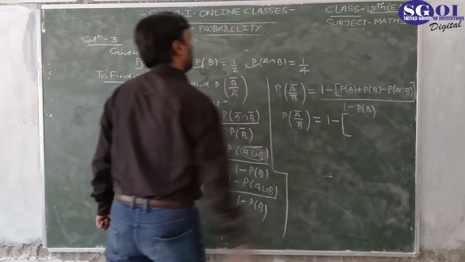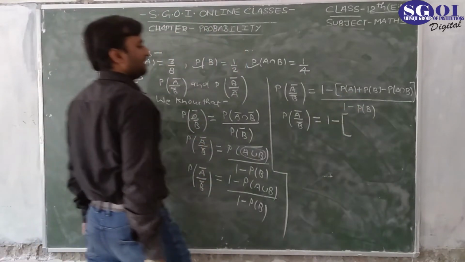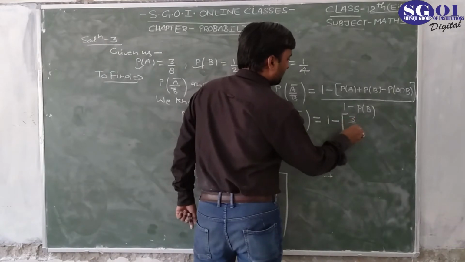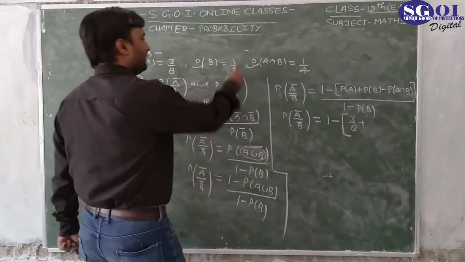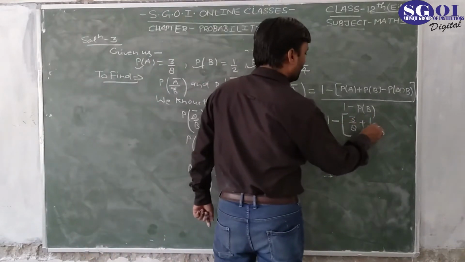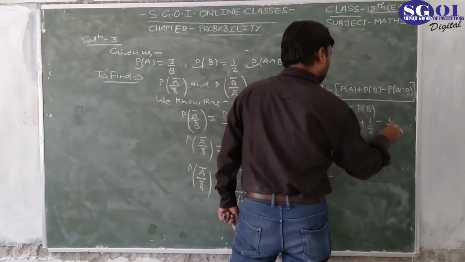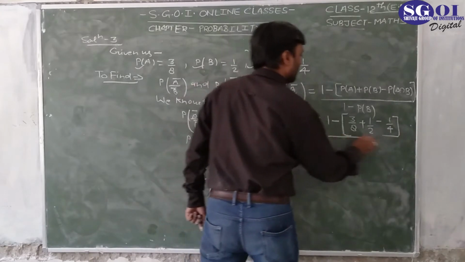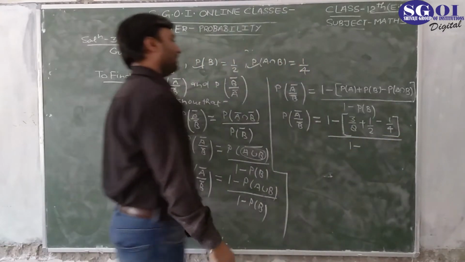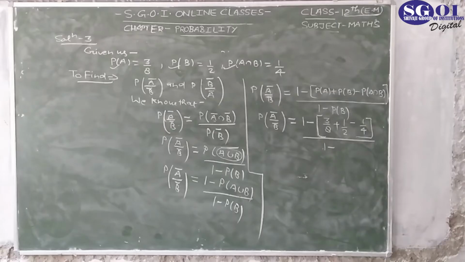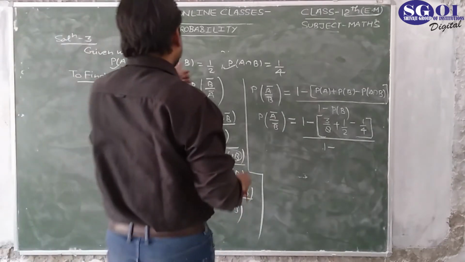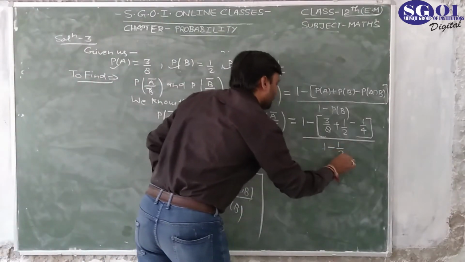So what is the probability of A? Probability of A is equal to 3 by 8, plus probability of B, which is 1 by 2, minus probability of A intersection B, which is 1 by 4, upon 1 minus probability of B. So probability of B is 1 by 2.